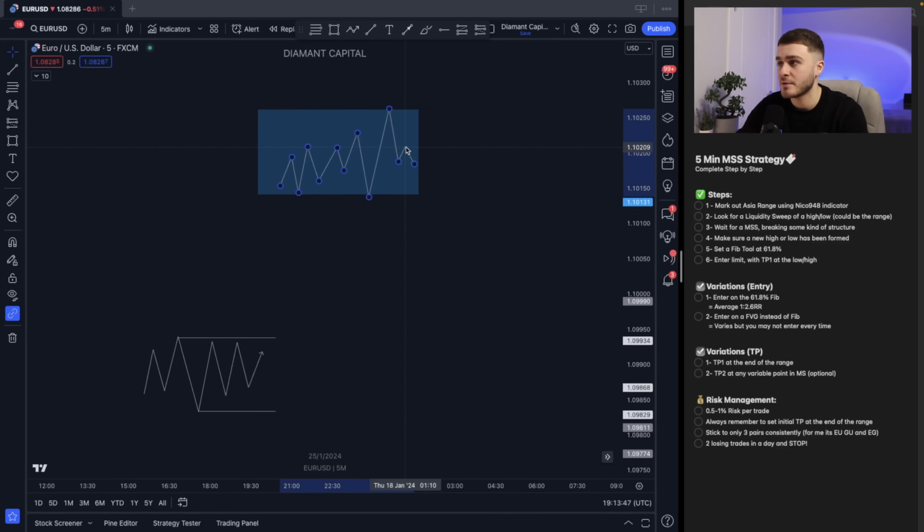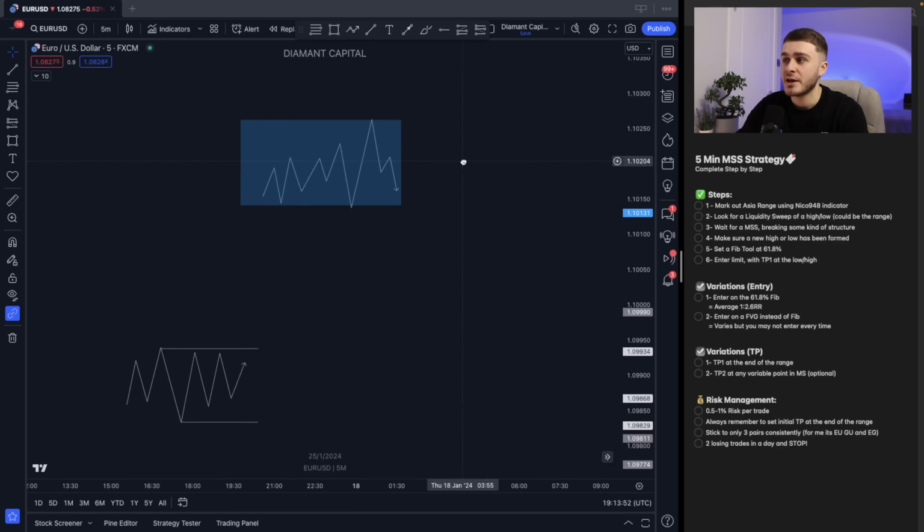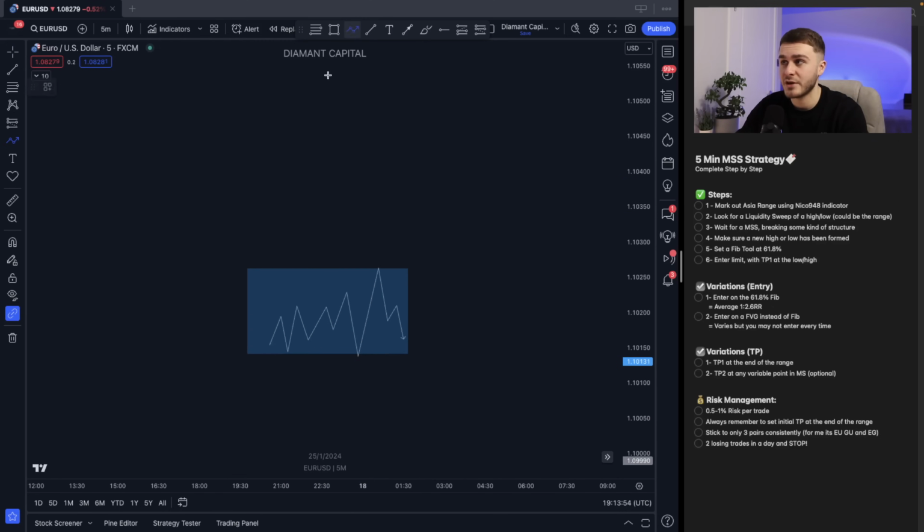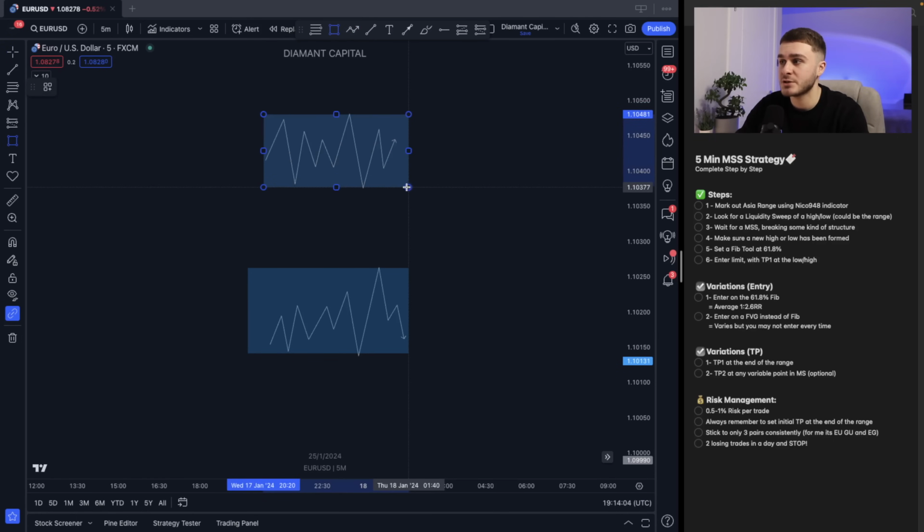You can also have a different type of Asia range, which will look something like this. So in general, your Asia range box is going to look something like this, right? So you've got two main types, as we've just described.